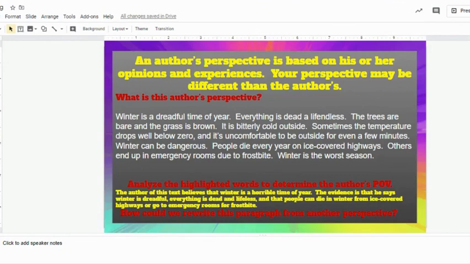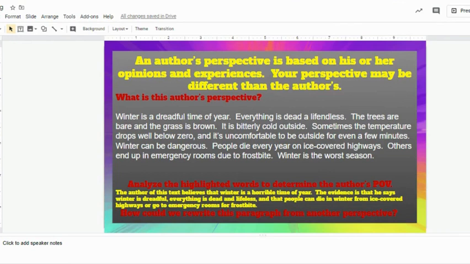So if we're thinking about this paragraph and we're trying to analyze the author's point of view or their perspective, we would say that this author definitely believes that winter is not a good thing. They even describe it as being quite dreadful. So we might say the author's position is that winter is horrible.